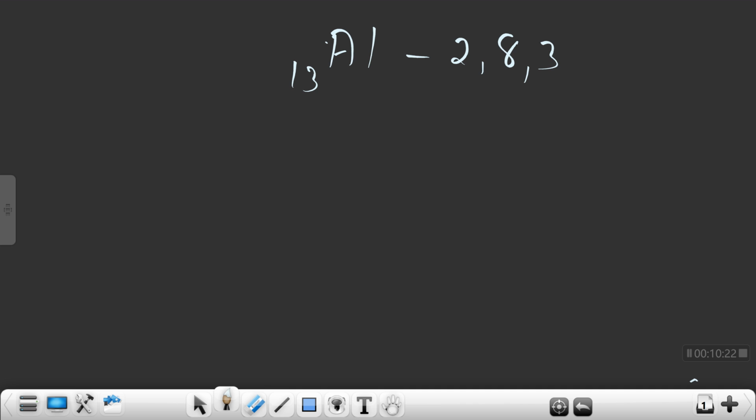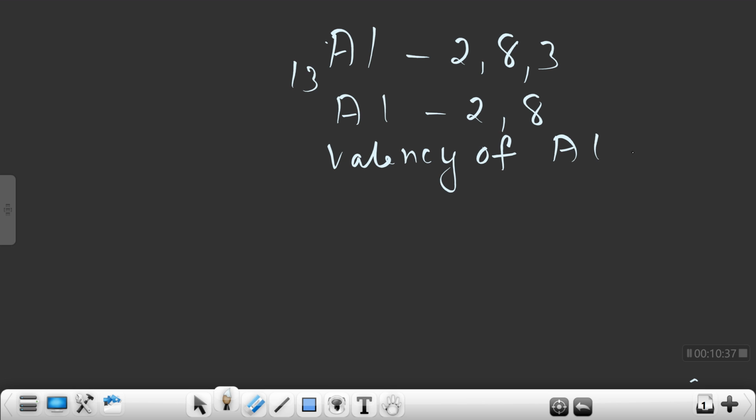So metals usually form cations, positively charged ions. So aluminium loses 3 electrons. So the valency of aluminium is 3.